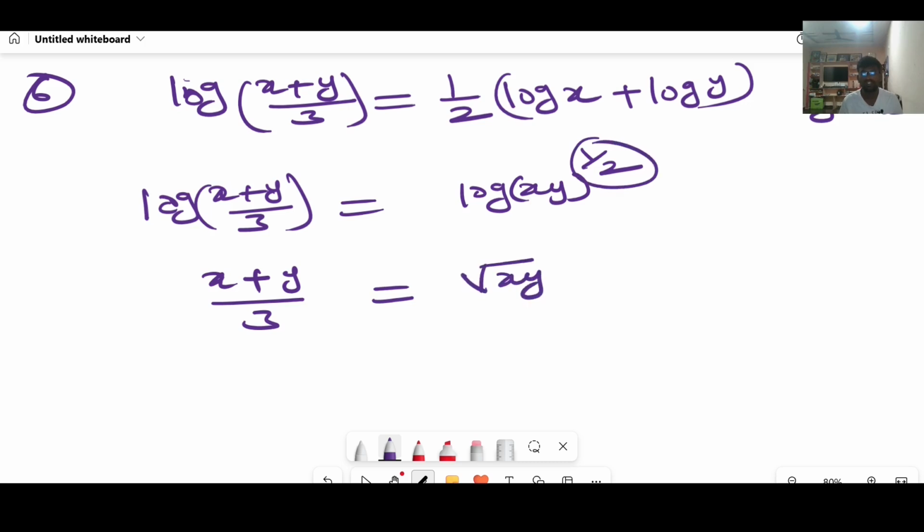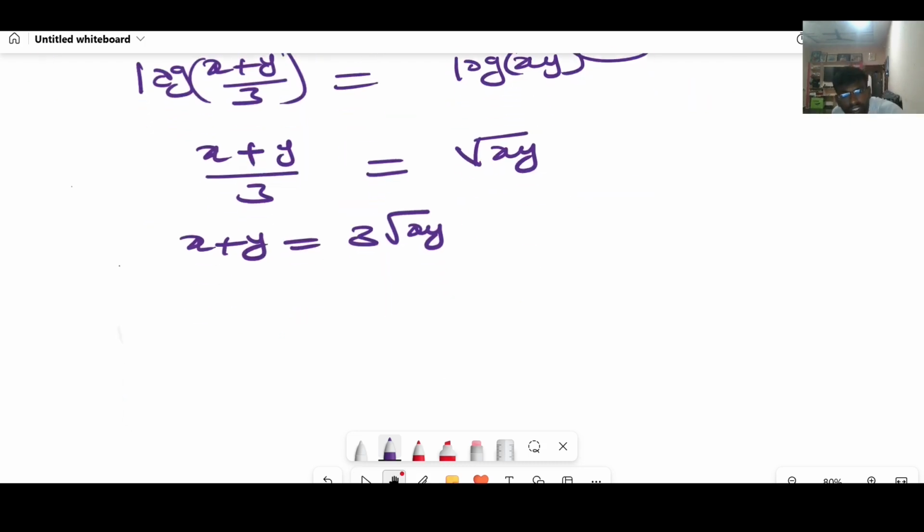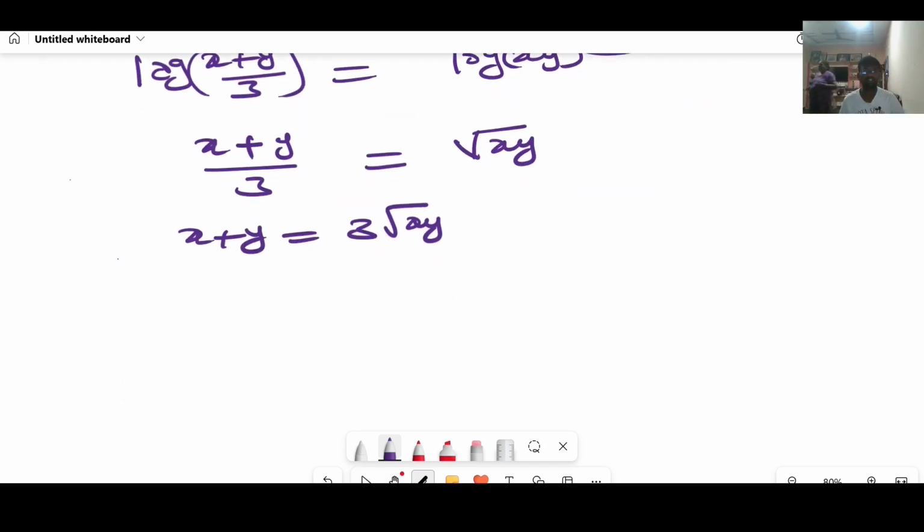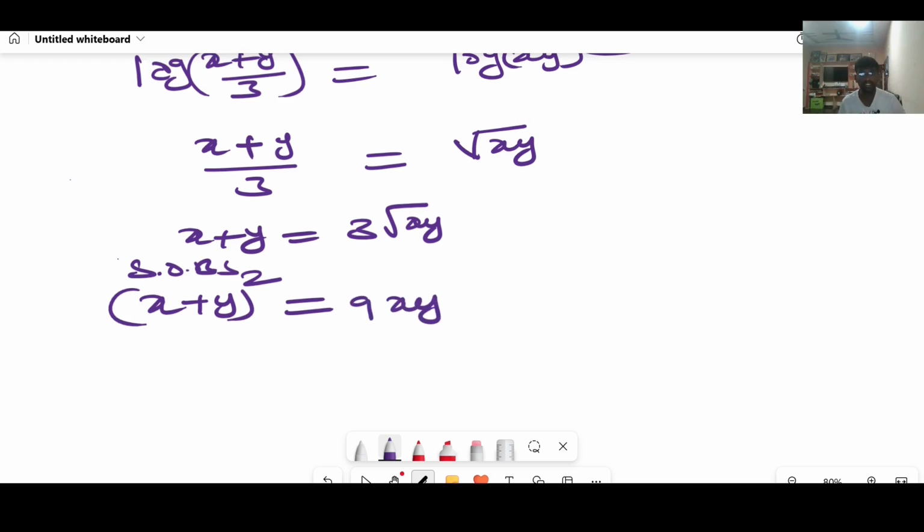Instead of 1 by 2 I will take root, and x plus y equal to 3 root xy, right? I will square on both sides. (x plus y) whole square equal to 9xy, right? 9xy.